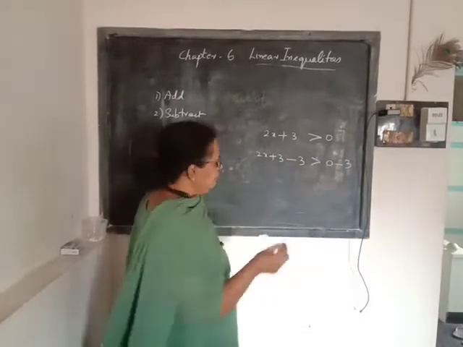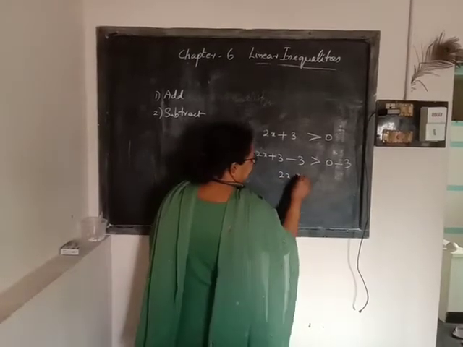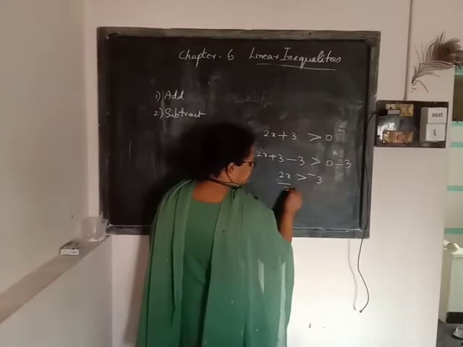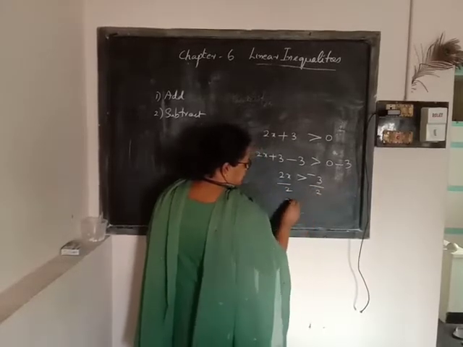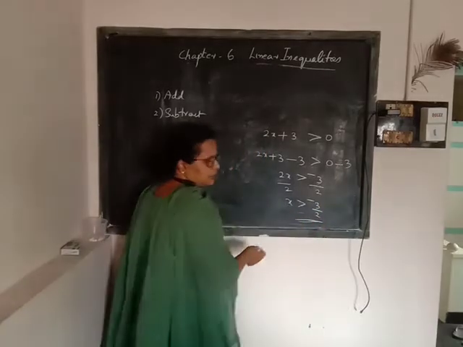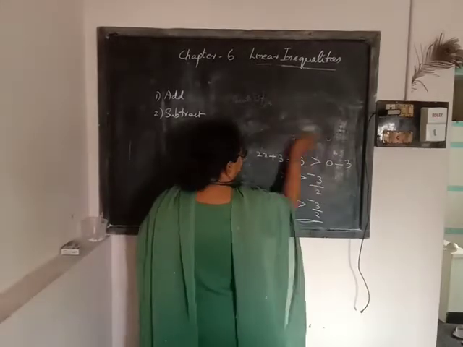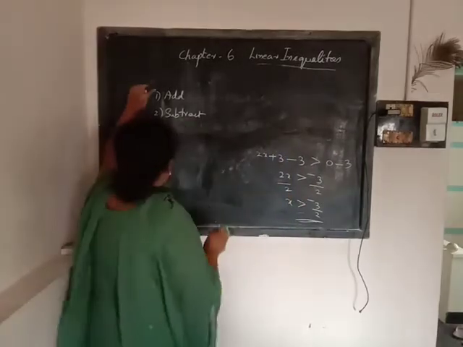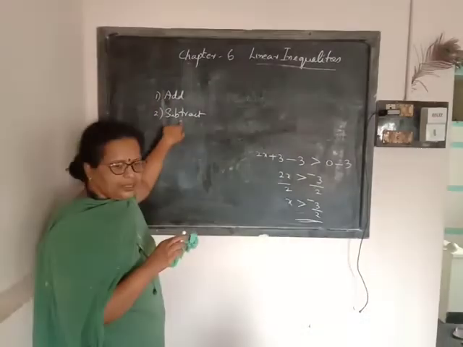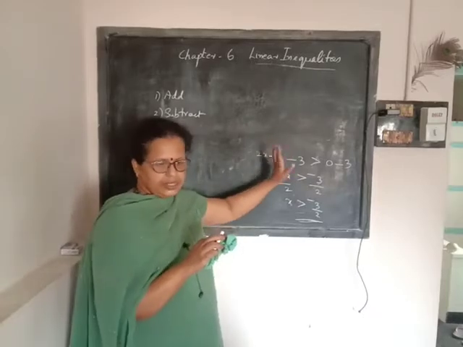We continue the solution: 2x greater than negative 3, then divide both sides by 2. So x greater than negative 3 by 2. So we learned we can add or subtract the same number from both sides of the inequality, just like an equation.